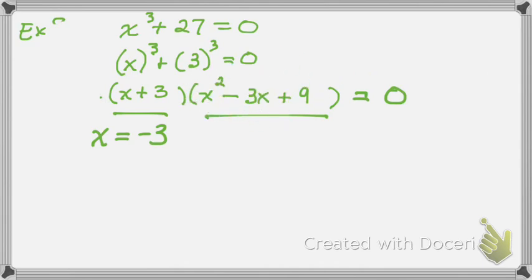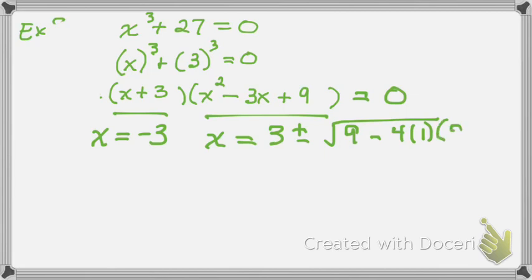So I'm going to use the quadratic formula to solve this thing. Okay? So my x is going to be equal to, what's the quadratic formula? Opposite of b, so what's the opposite of b? Positive 3 plus or minus the square root of b squared. So -3 times -3, 9, minus 4 times a. What's my a?